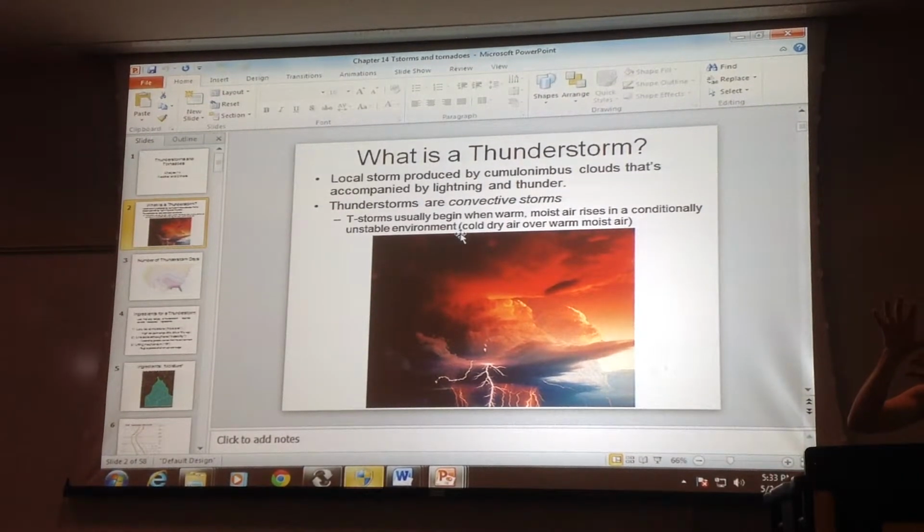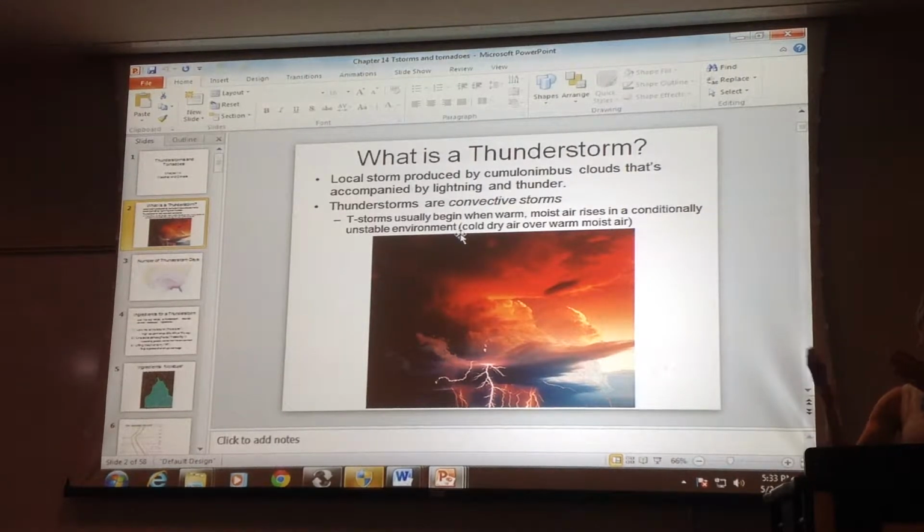The reason that's great for thunderstorms is that once you have this parcel that's warm and moist and something triggers it to go up, it's going to continue to go up. So you remember I used the balloon in the water to show you the buoyant force, where I held it down and when I let go it just went up. The same with that parcel of air. It's going to be more buoyant than the surroundings, so in a conditionally unstable environment it will just keep going up. So that's the first thing to know.